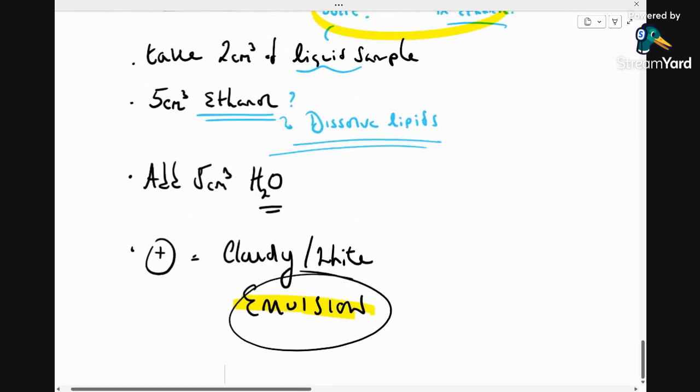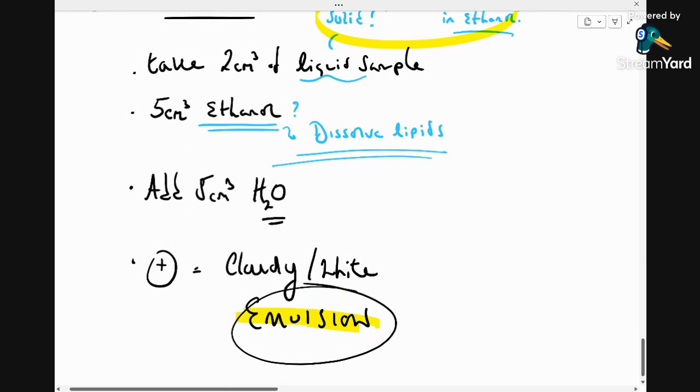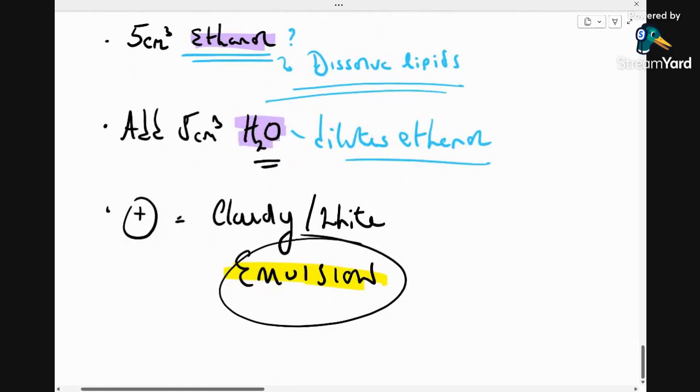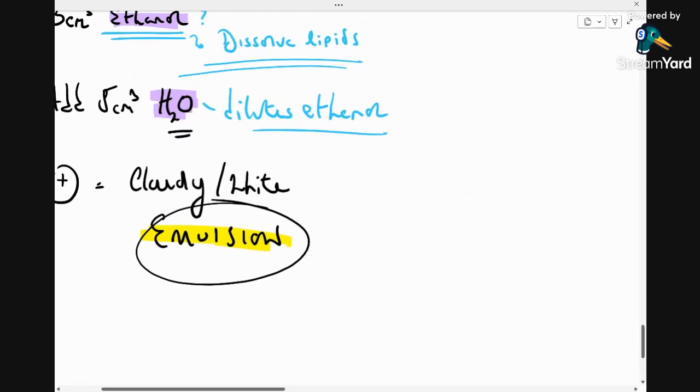The reason this works is because your lipids get dissolved in your ethanol here. When you add water, that essentially dilutes the ethanol. It dilutes the ethanol to the point at which your lipids come out of solution as droplets, and they form an emulsion with the water.